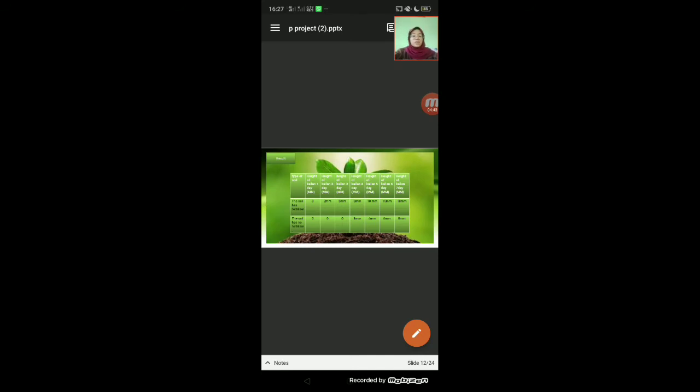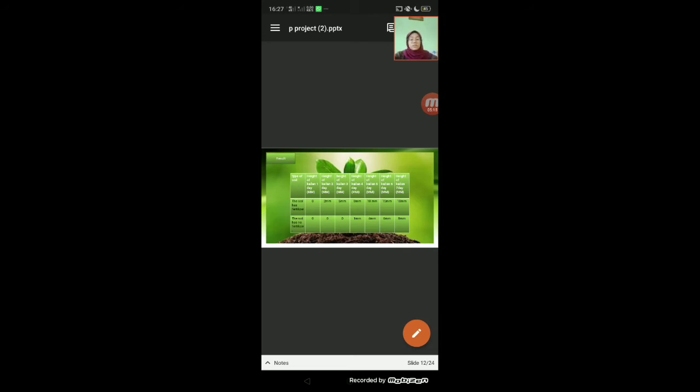The type of plant we use is kailan. On the first day, neither plant showed any reaction, but on the second day, the fertilized plant increased in height by 2 milliliters, and on the third day by 5 milliliters.